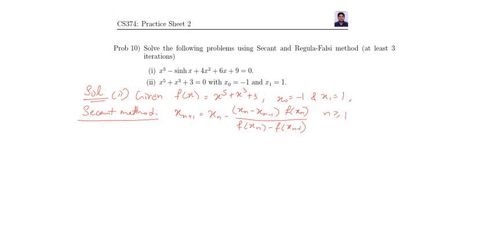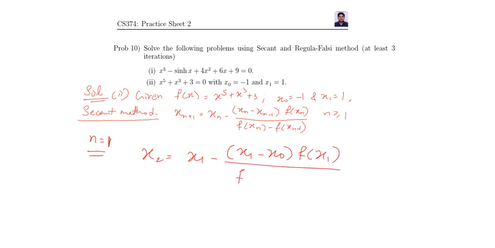If I go for 1 or 2 steps here, let's say n equals 1. So x2 equals x1 minus x1 minus x0 times f of x1 divided by f of x1 minus f of x0.